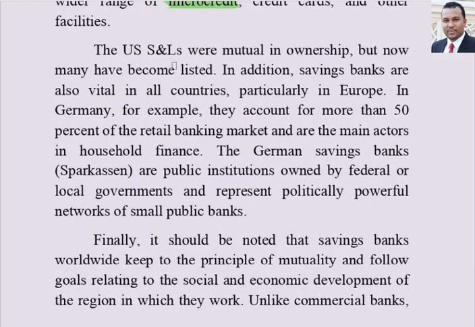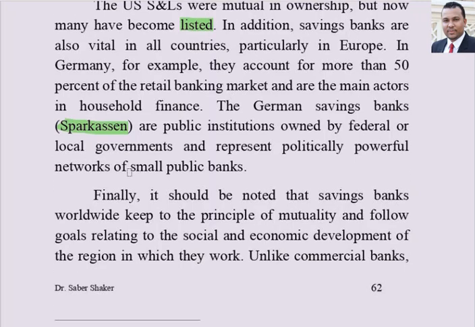In the USA, the savings and loans are listed. What do we mean by listed? Shares in the stock market. What about Europe? In Europe, the popular case is the Sparkassen. This is the popular model in Germany, and it is owned by federal or local governments. Sparkassen were set up over 200 years ago, as we will explain in the next case study.